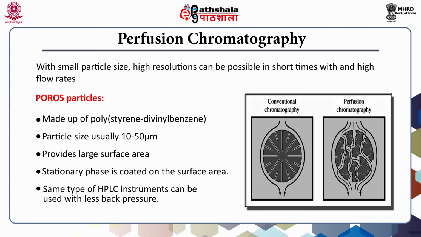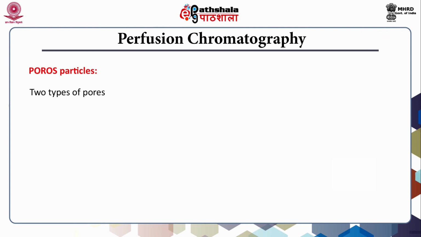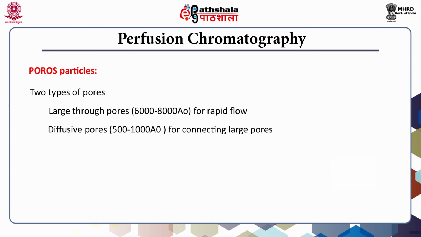How can we obtain high resolutions with high flow rate? Before going to those details, let us see what kind of pores are present in the porous particles in the next slide. There are two types of pores present in the porous particles. One is called large through pores for rapid flow, and another one is diffusive pores for connecting the large pores.